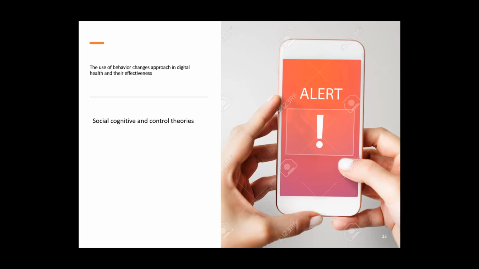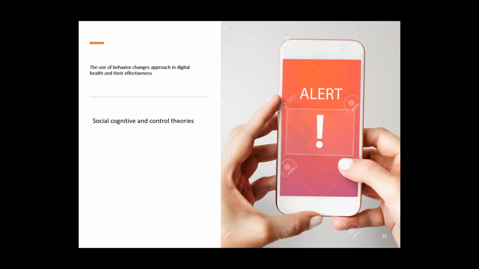Maybe that's because most health behavior change theory models just focus on individual attitude, behavior and goals, and pay little attention to other factors such as social, economic or even political dimensions. For example, social cognitive and control theories in health apps advocate feedback.